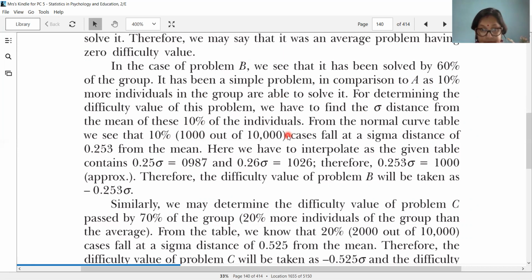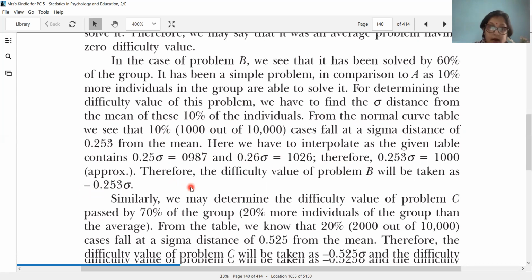By interpolating the values, we get the sigma value as 0.253. As it will be on the left side of the mean, as you have noticed in the graph, the difficulty value for problem B will be minus 0.253 sigma.